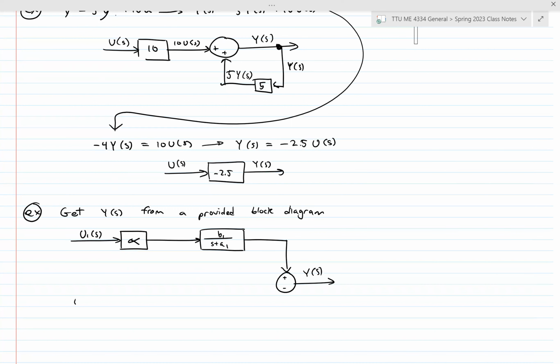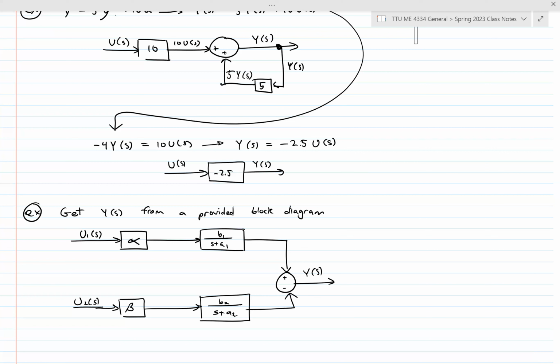But we have a second input, u2, which is going into beta, another transfer function. We'll keep it first order. And that's subtracted from the other one. All right. And what we want to do is get y of s, right? Or potentially, if we only had one input, y over u here. All right.